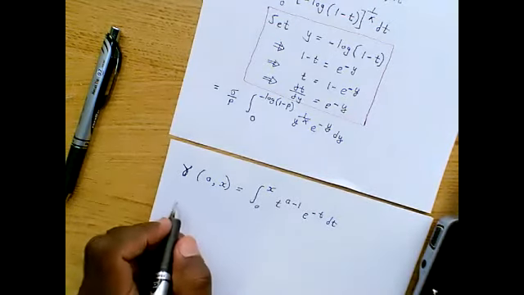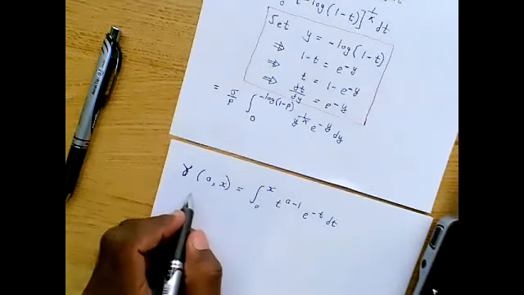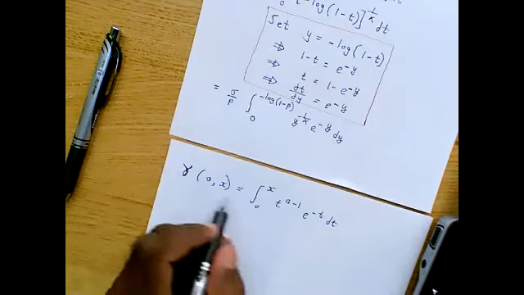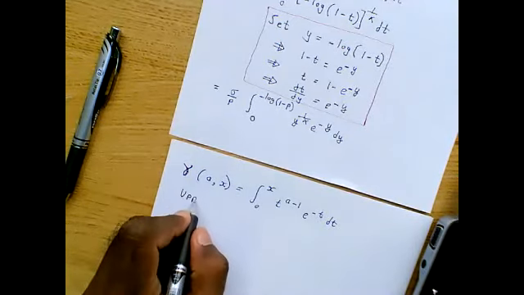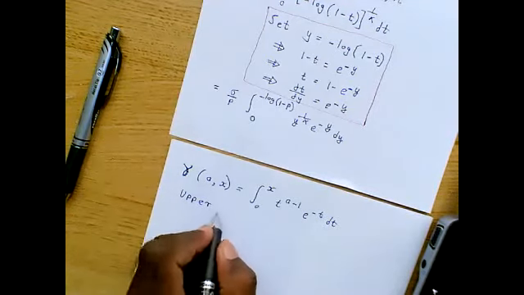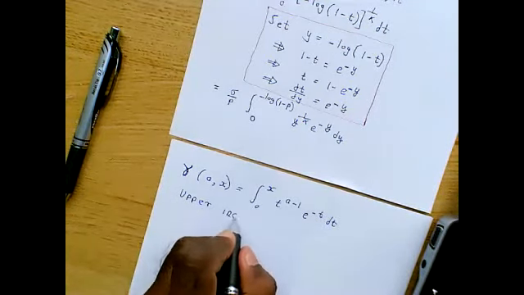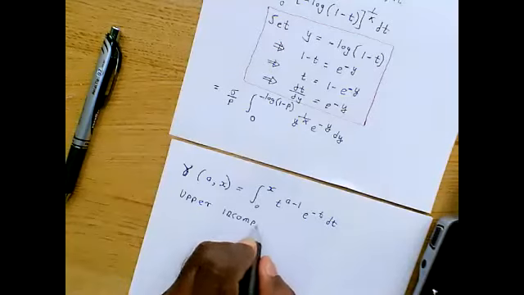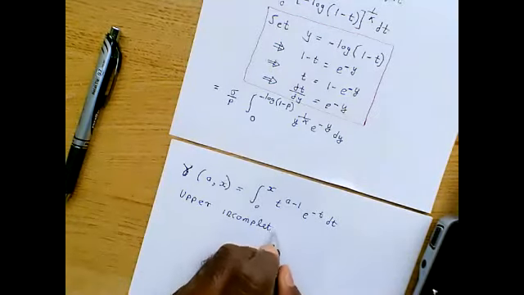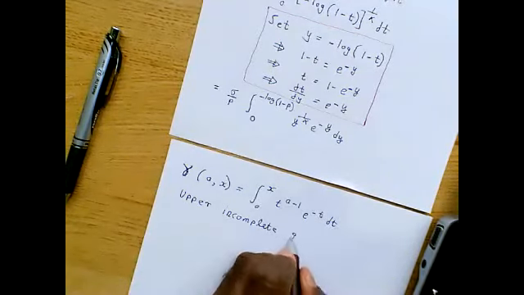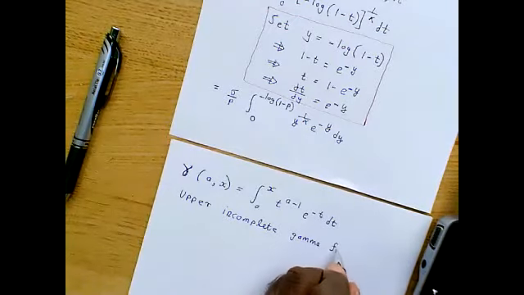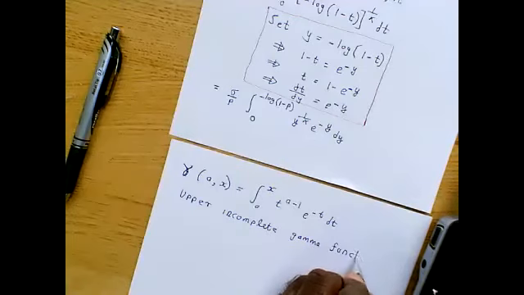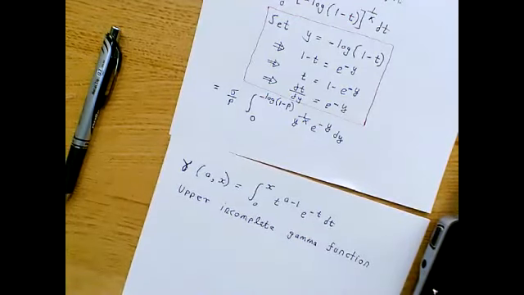The term for this function is the upper incomplete gamma function.